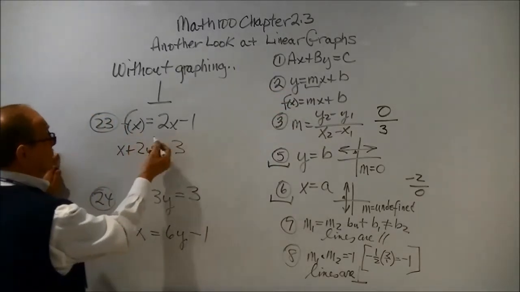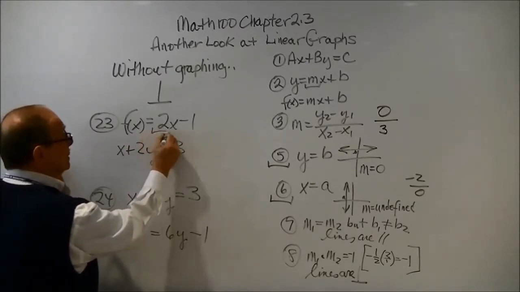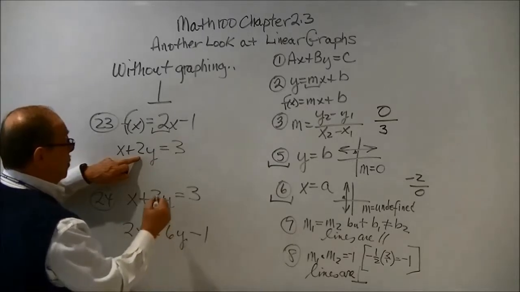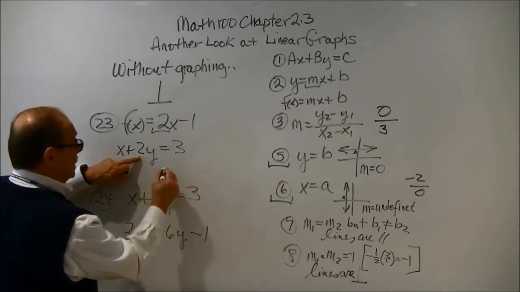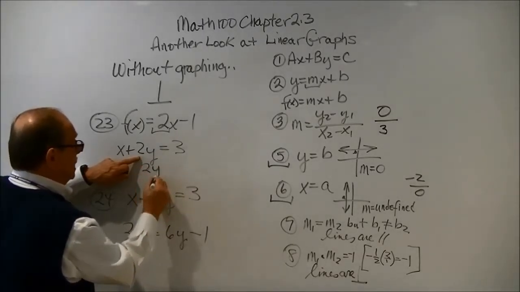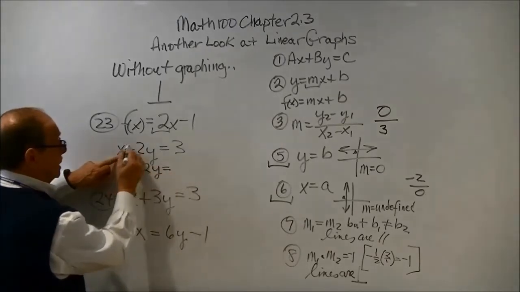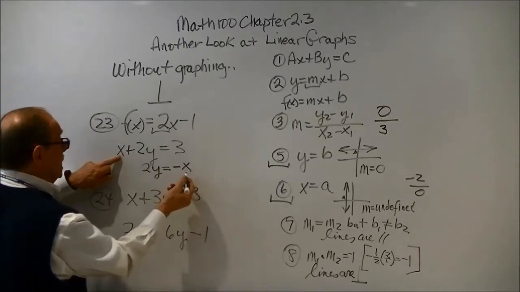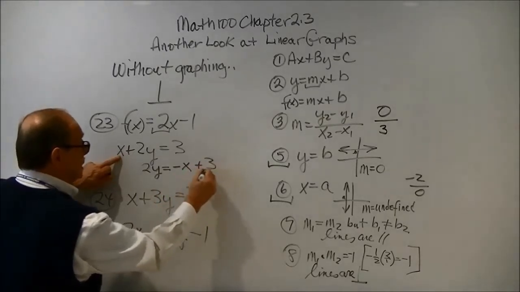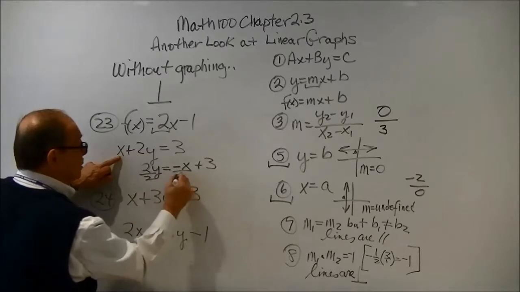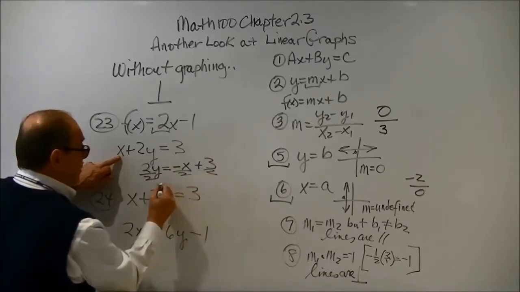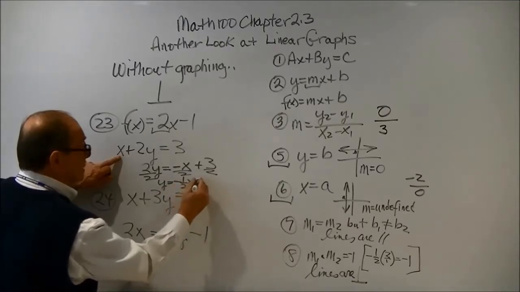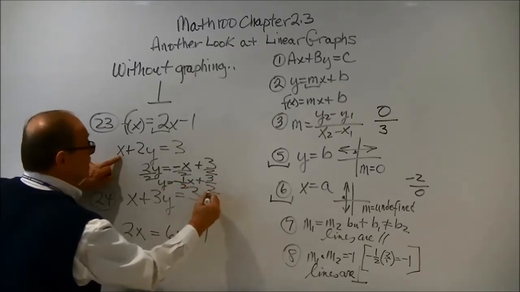Now, this one's in function notation, but the slope is 2. So let's solve for y here. So we're going to get 2y, bring the x over to this side as an opposite sign, transpose, -x, plus 3, divide everything by 2, and we're going to get y equals -1/2 x plus 3/2.